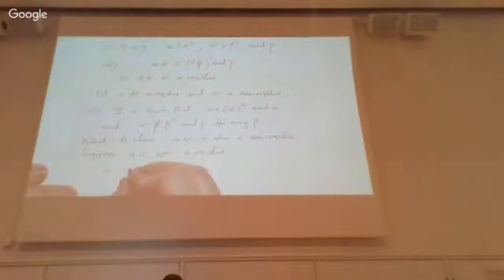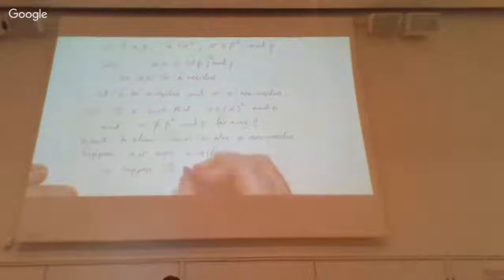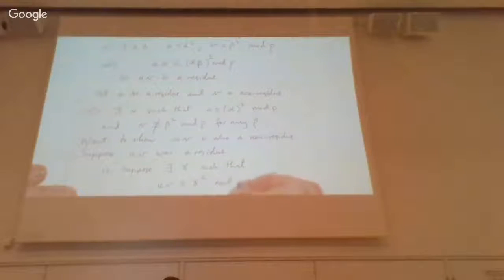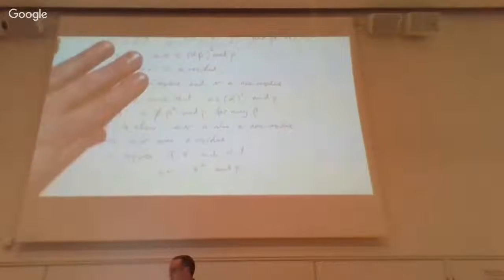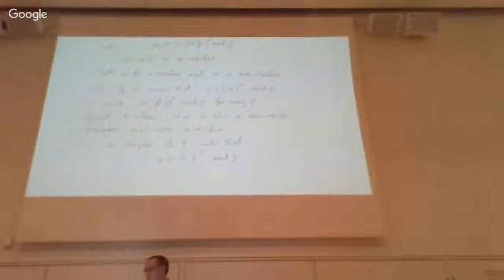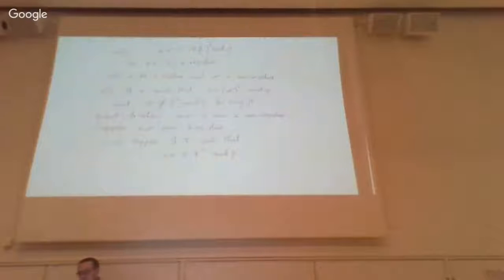That is, suppose there exists, I've used alpha and beta, so there exists a gamma such that u times v is congruent to gamma squared modulo p. Okay, supposedly that can't happen, but we're temporarily pretending it can.